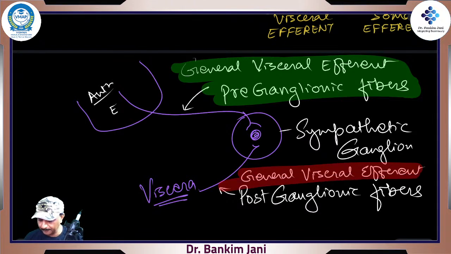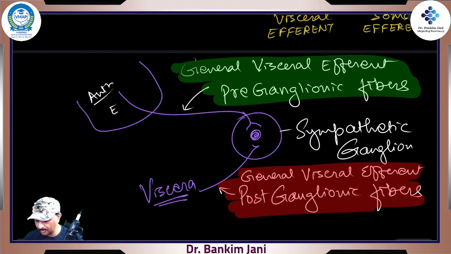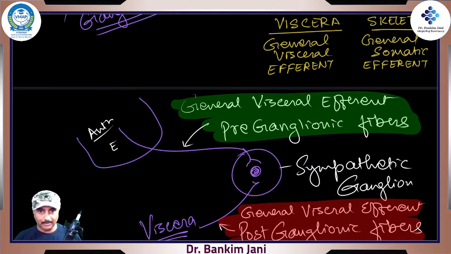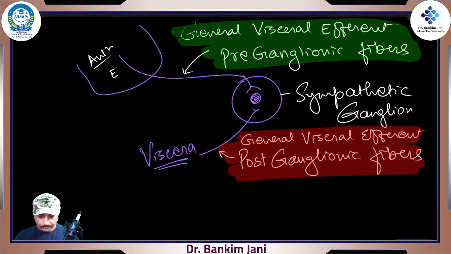Perfectly fine. So this is pre and post. It is valid only for our viscera, that is our sympathetic system. And this is the exit, it is going out.